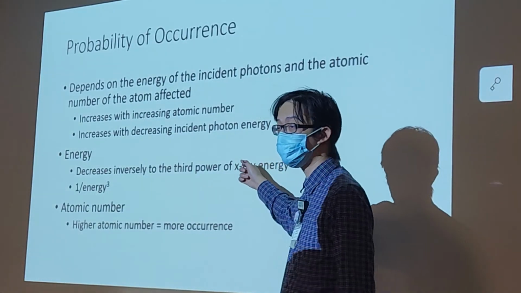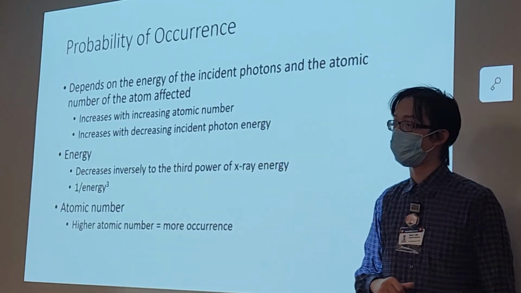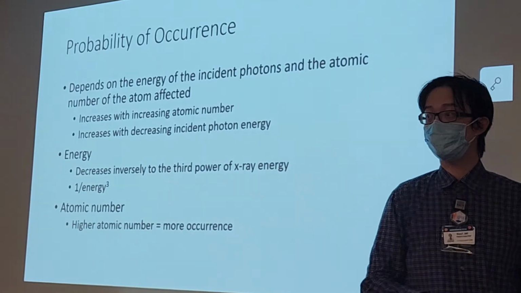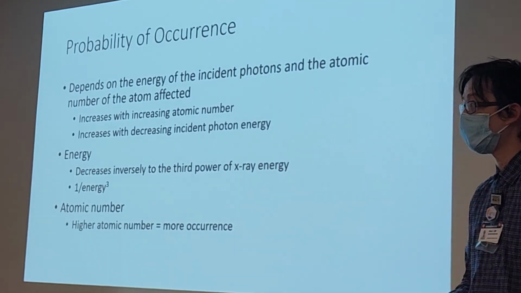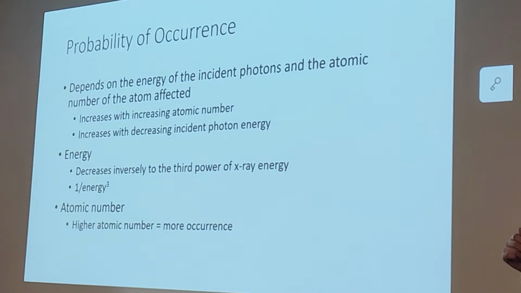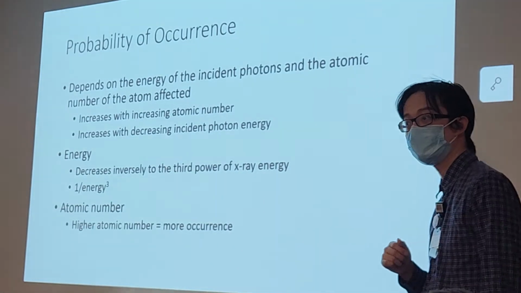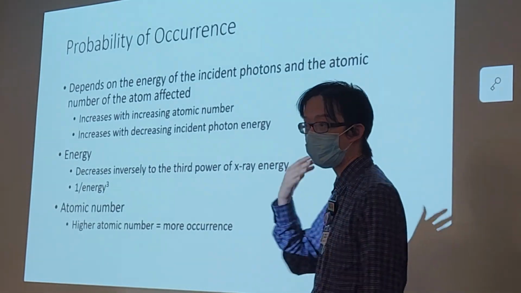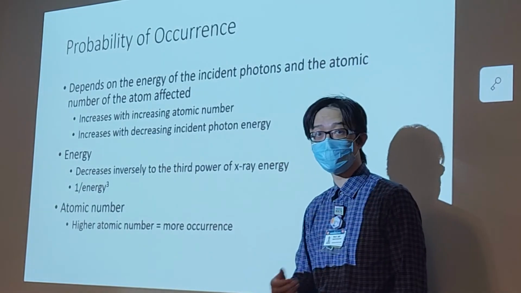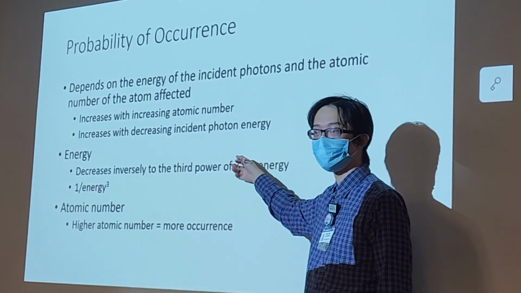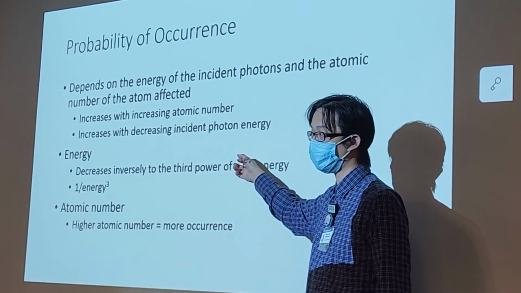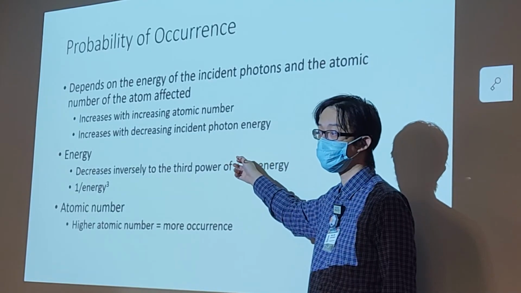If we decrease the energy, it becomes more likely that the bones will absorb the X-rays, and so the bones show up more white. Does that make sense? So if we want to make bones the highlight of our image, we actually decrease the energy. That way the bones absorb more.